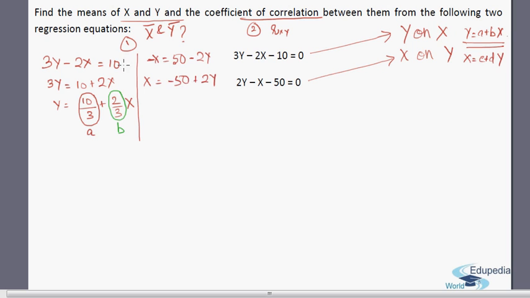So again here the value of c will be minus 50, okay, and the value of d would be 2.